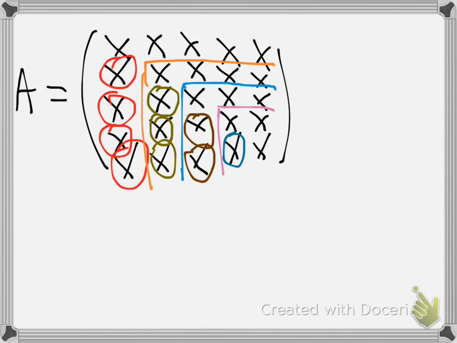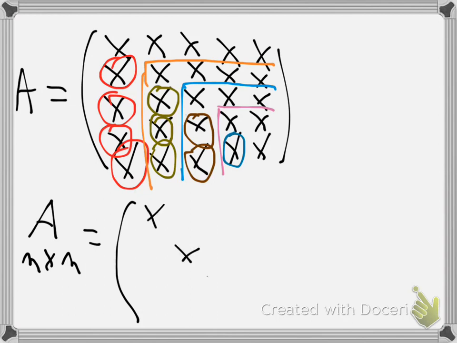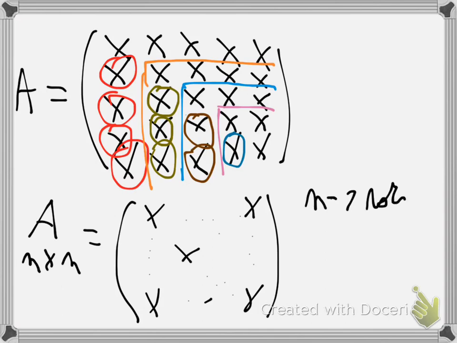And so you can extend that to an n by n matrix. Let's say that this is our n by n matrix. If it has n rows, for the first vector you will apply n minus 1 rotations.